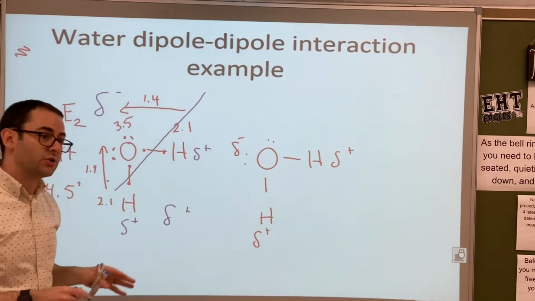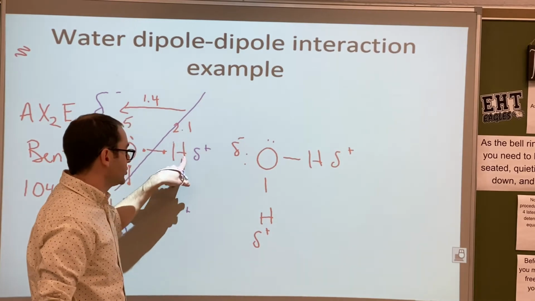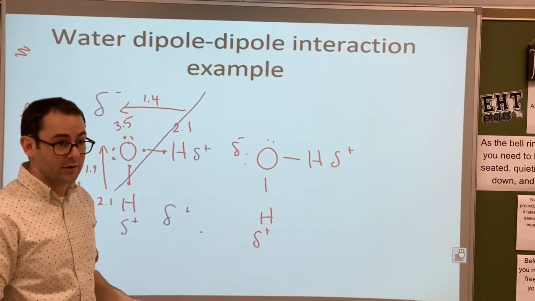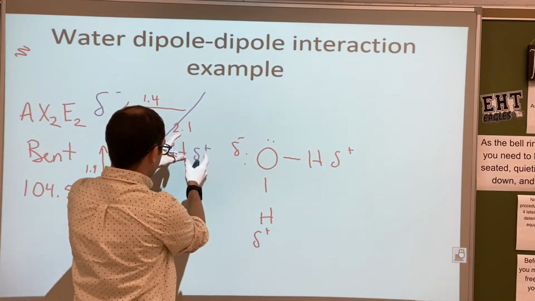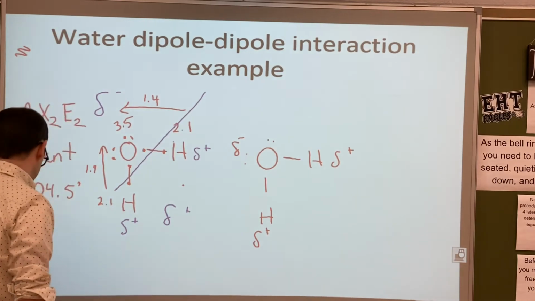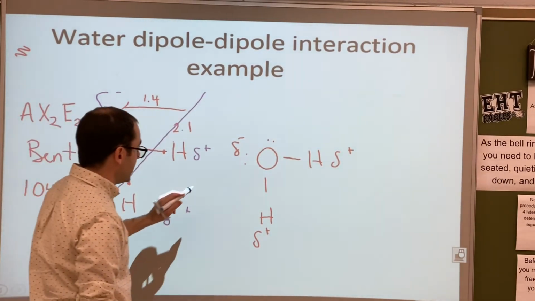This one is a special dipole-dipole interaction because it's between hydrogen and something else. And that's what we would call a hydrogen bond, all right? Because there's an attraction between a hydrogen that's slightly positive and then an oxygen that's slightly negative, all right? There's one other way to represent this that you should know.